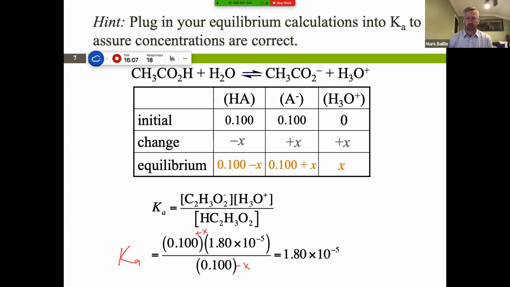What you're going to find in your calculators, if you put 0.100 minus 1.8 times 10 to the -5th, it's going to be 0.100 when you round to 3 sig figs anyway. And if we put those numbers back in, we're going to find that all these numbers give us the Ka value back. So it's just a way to double check by plugging the numbers we found into the one we were solving for, the unknowns, and it validates our answer.